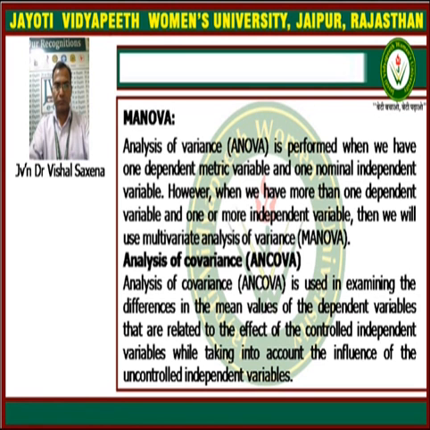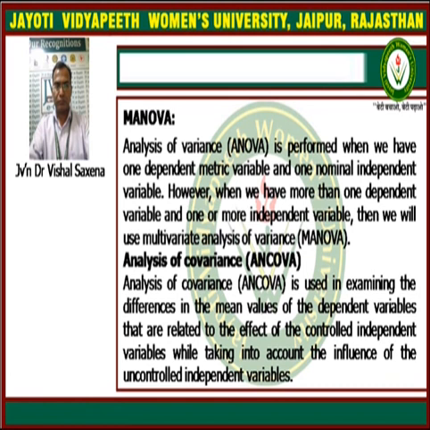Analysis of covariance is used in examining the difference in the mean values of the dependent variable that are related to the effect of the controlled independent variables while taking into account the influence of the uncontrolled independent variables. So this is ANCOVA, means analysis of covariance.